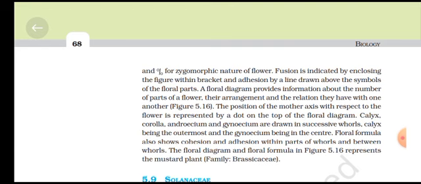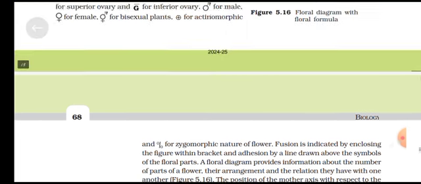Calyx, corolla, androecium and gynoecium are drawn in successive whorls, calyx being the outermost and gynoecium being in the center. Floral formula also shows cohesion and adhesion within the parts of a whorl and between whorls. The floral diagram and floral formula in figure 5.16 represent the mustard plant, family Brassicaceae.